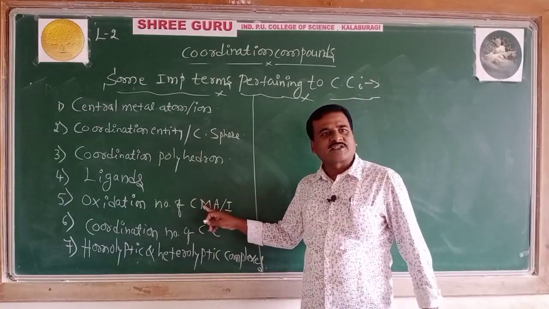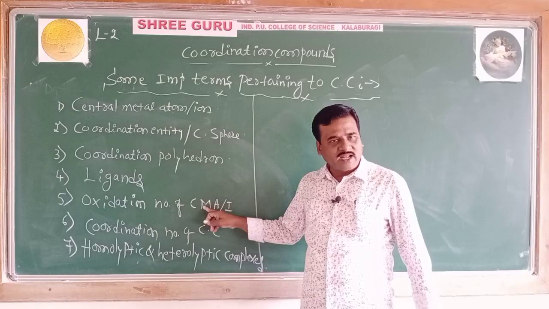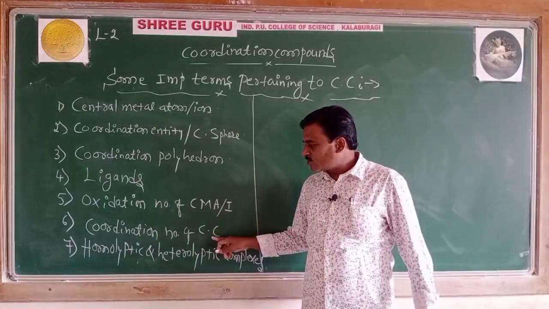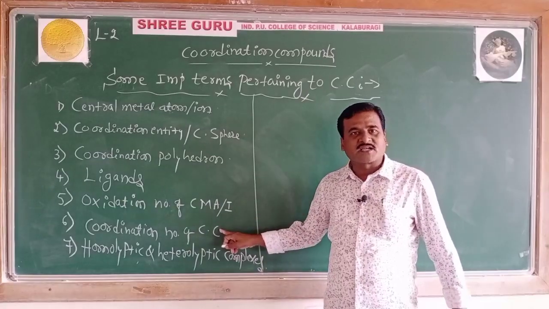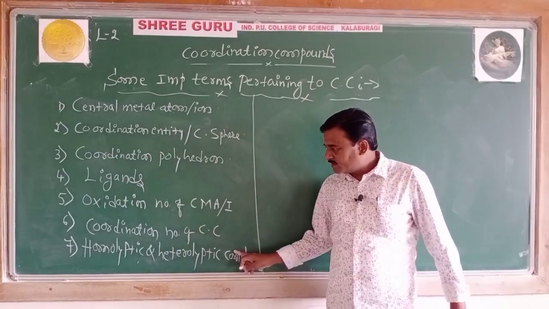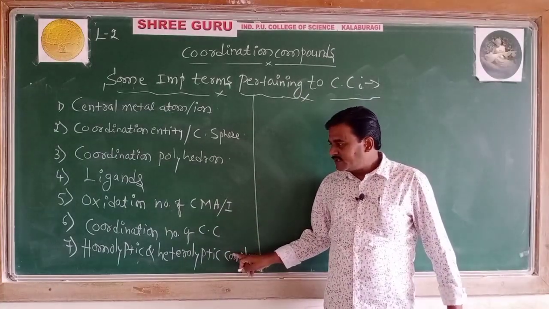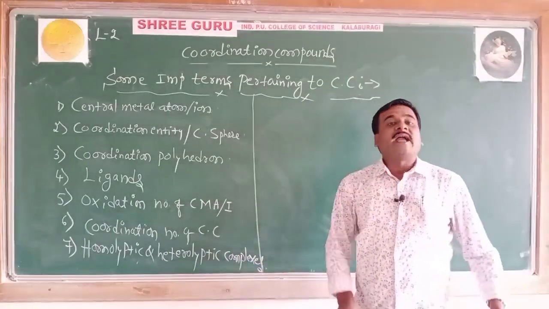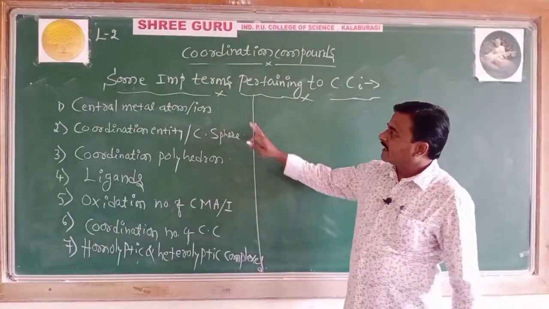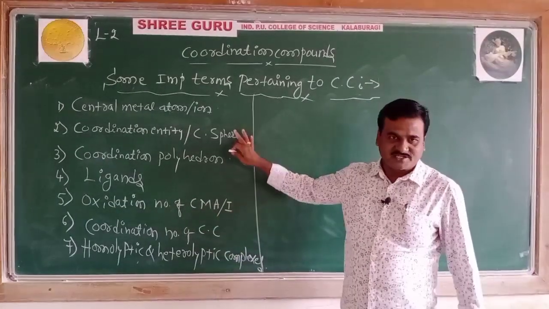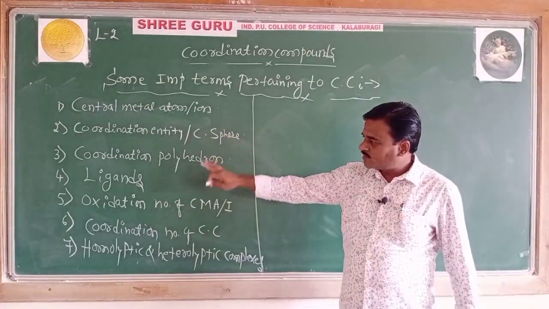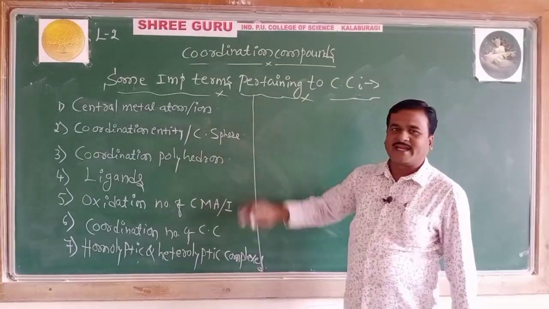Fifth one is oxidation number of the central metal atom or ion. Sixth, the coordination number of the complex or coordination compound. Last one is the homoleptic and heteroleptic complexes, and this part has weightage of 2 marks in the examination. So a 2 mark question has appeared over this heading.